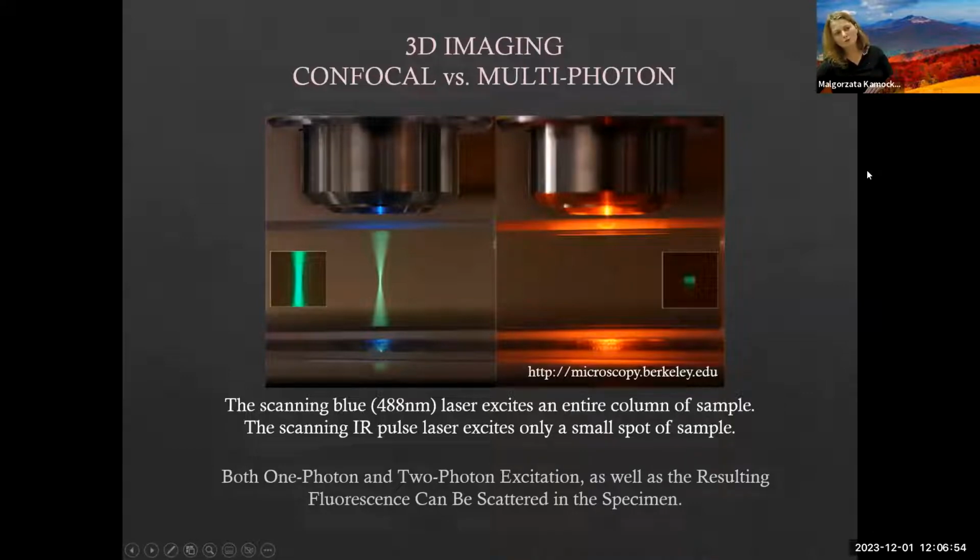Both confocal and multiphoton microscopes are able to do optical sectioning, but they work a little differently. In the confocal microscope, as I mentioned earlier talking about wide field fluorescence microscopy, there is out of focus illumination which we have to deal with.